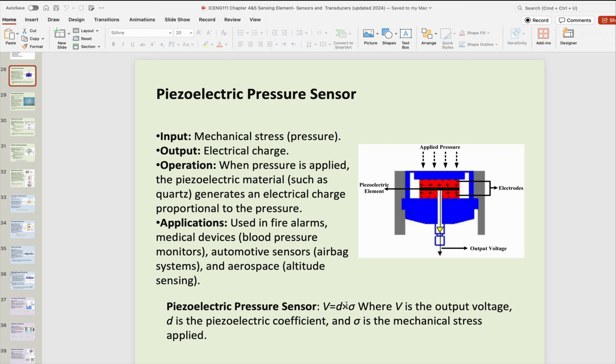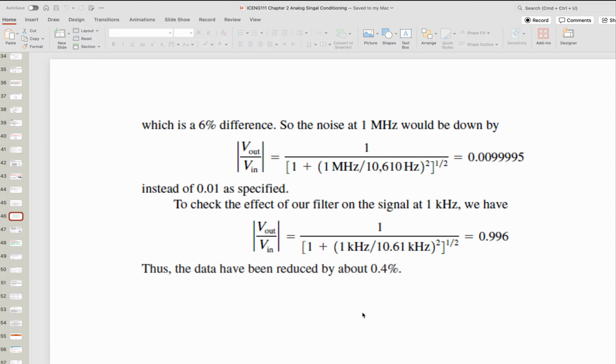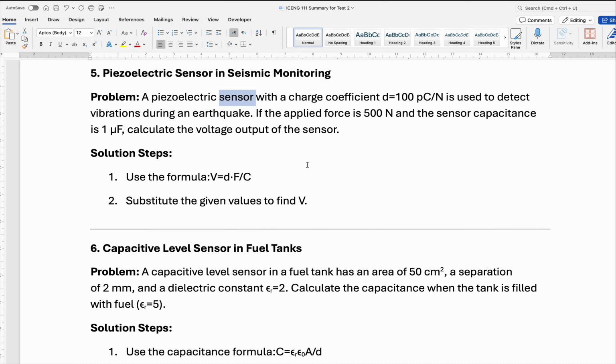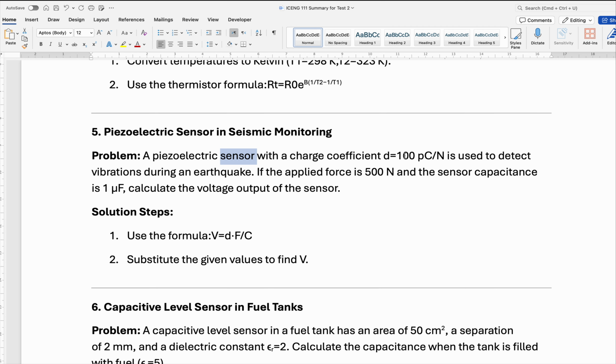V is equal to D into sigma, and sigma is the pressure, or force over area, to calculate the output voltage. In this case, I have D, which is 100. I have the force. I need the area, so that I can have force divided by area to calculate the stress.